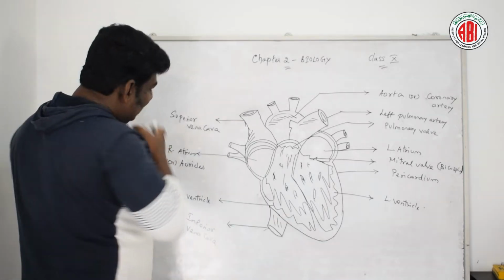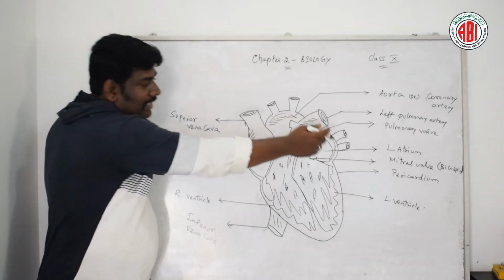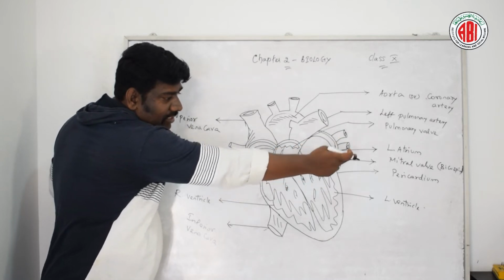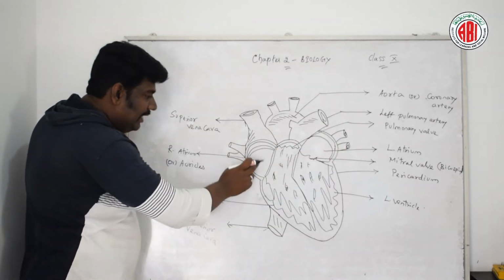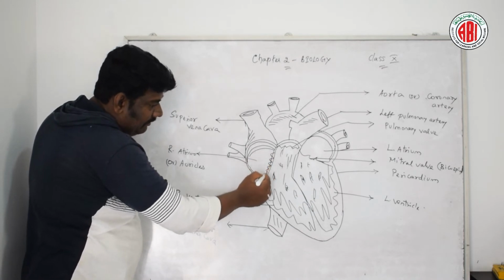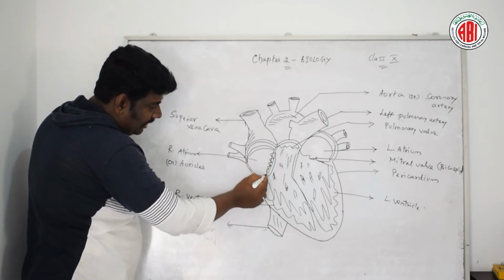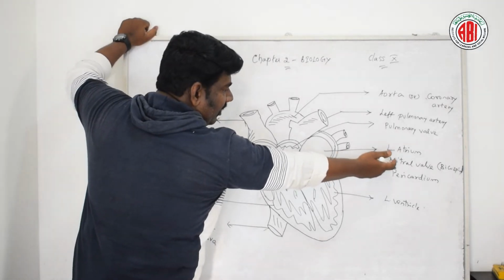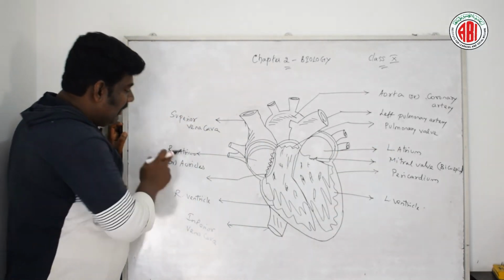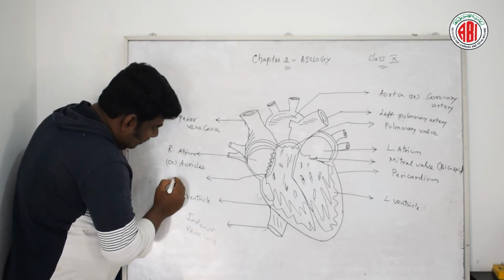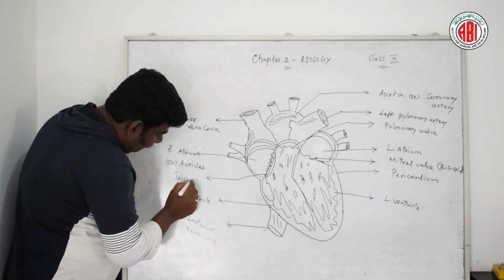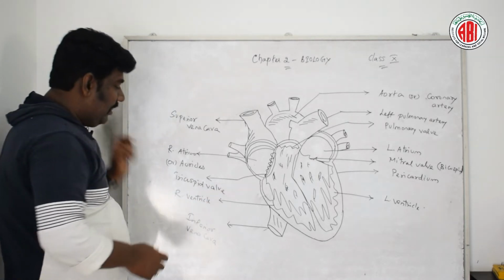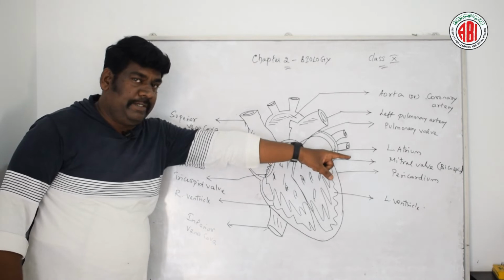Similarly, we mentioned already that in the left atrium there is a valve called the mitral valve. Similarly, in the right atrium side there is also a valve. In the right atrium there is a valve called the tricuspid valve. Mitral valve is also called bicuspid.